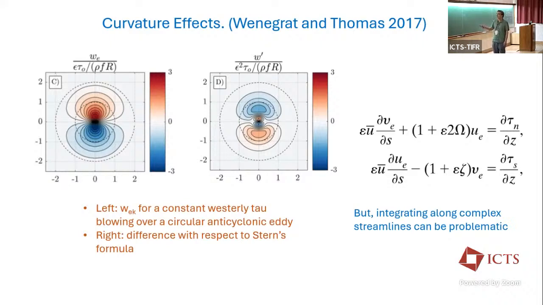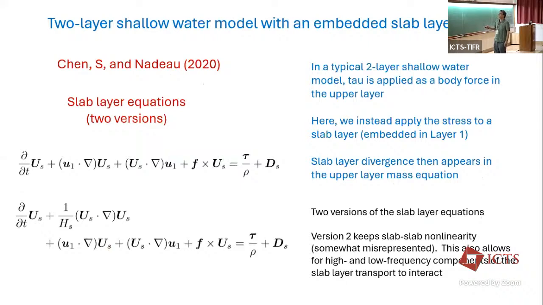So I wanted to get away from this kind of integrating along characteristics. That's work that we did with Louis-Philippe and Yanshu Chen. She was a master's student, and she's now a postdoc at Woods Hole.